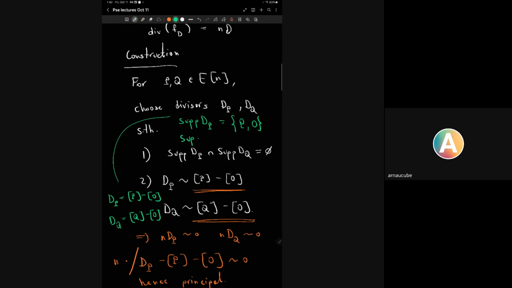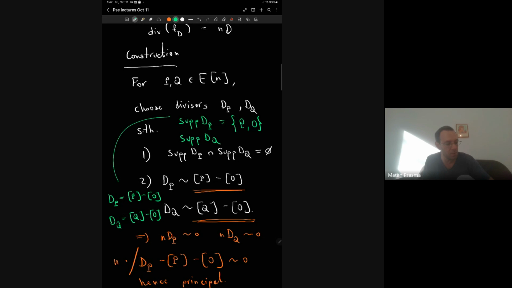And the support of DQ is Q and O. So they have a common element in the support, which is O, and so this is no good, because it would not satisfy condition number 1. Choosing a pair of divisors like this is a bit tricky, but I will soon show you how you can do it.